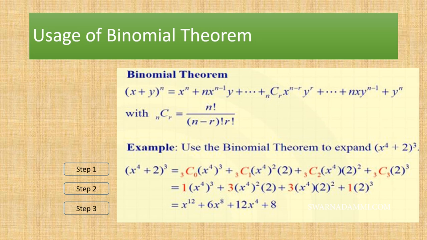The power here is 3, (4^x + 2)^3 equals, write down please, 3C0 (4^x)^3 plus 3C1 (4^x)^2 times 2, where the power of 2 here is 1, plus 3C2 (4^x) times 2^2, the second time the power of 2 is 2, plus 3C3 times 2^3.